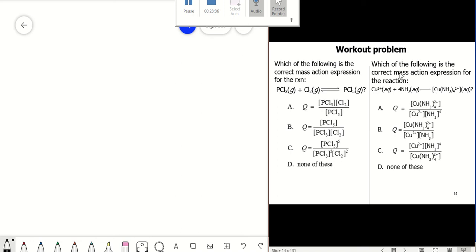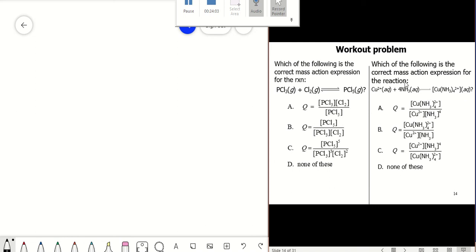Which of the following is the correct mass action expression for the given reaction? Copper 2 plus aqueous plus 4 NH3 aqueous is getting converted, again with a reversible sign, to a transition metal complex. So it's a complex. We'll talk about those in another video. But the important thing here is this is one product and it's aqueous, so everything will be included.